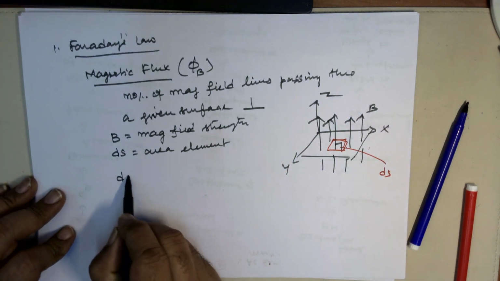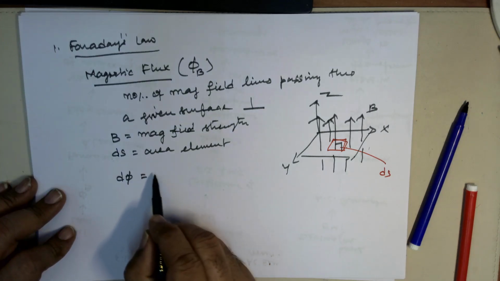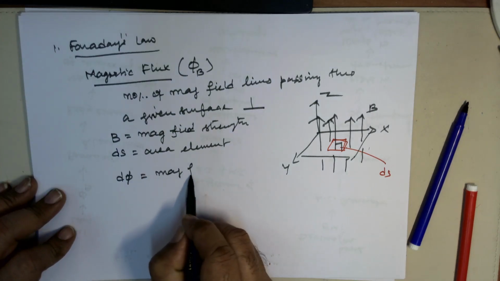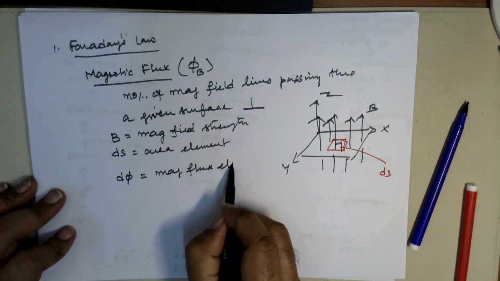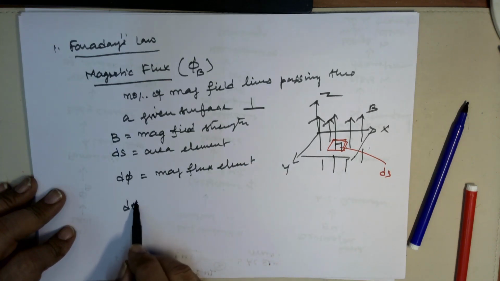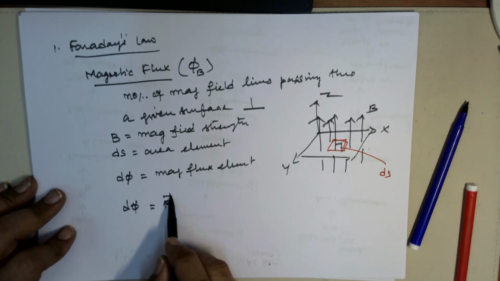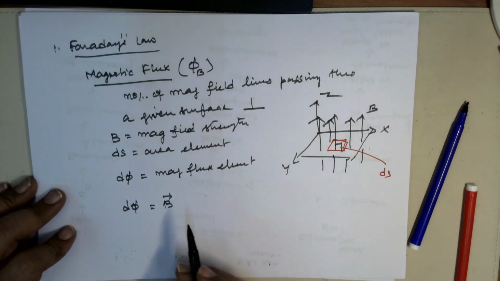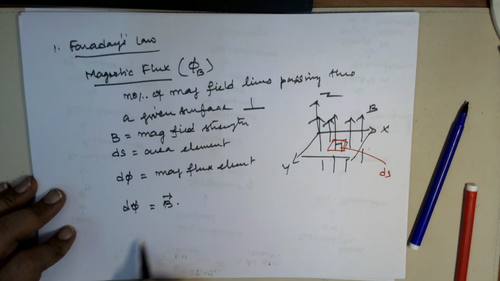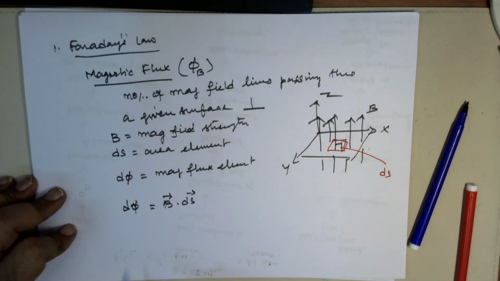That can be d phi, the magnetic flux element. Now we can define this d phi as the magnetic field vector B dot dS, the small surface area element.